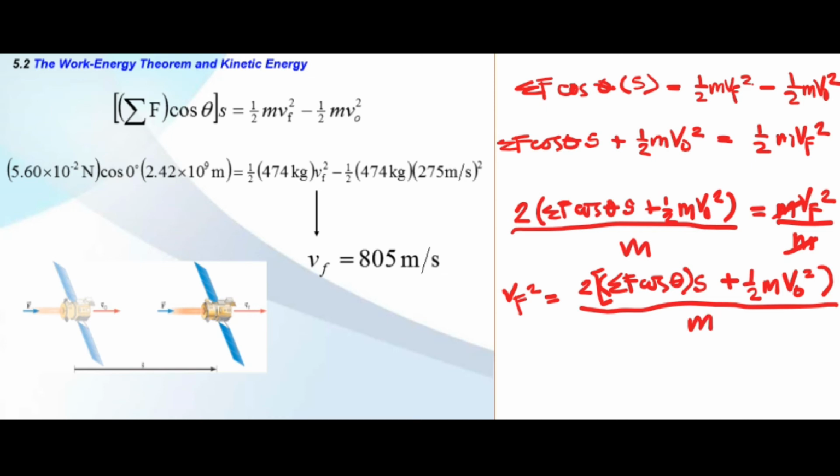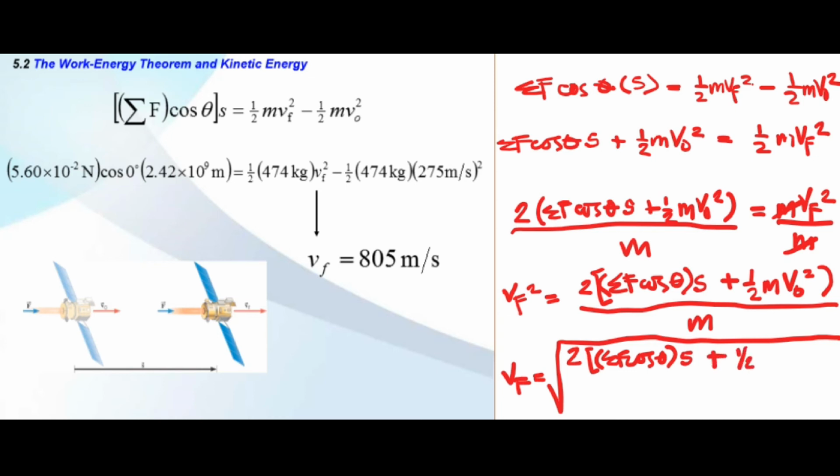But since this is squared, v final is the square root of 2 times the quantity, summation of f cosine theta times s plus 1 half m v initial squared, all over m.